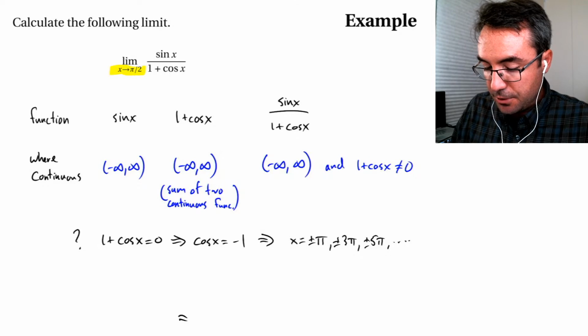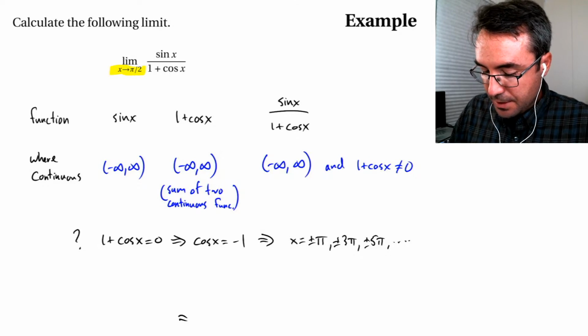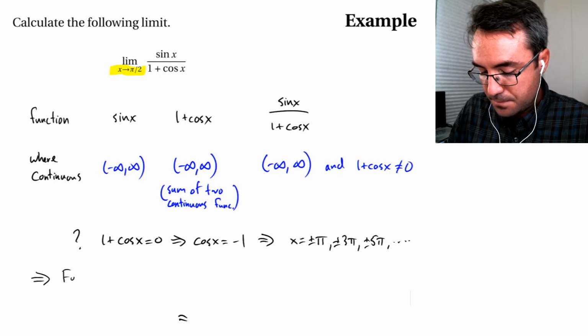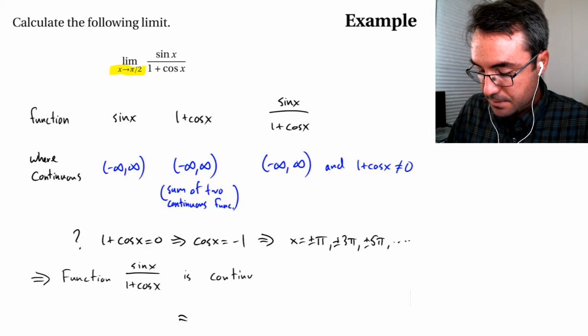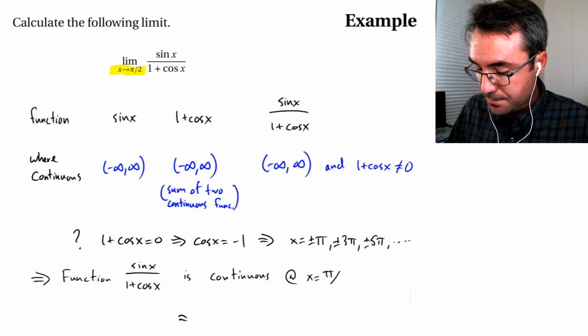So what all of this shows is that our function, sine x over 1 plus cosine x, is continuous at x equals pi over 2.